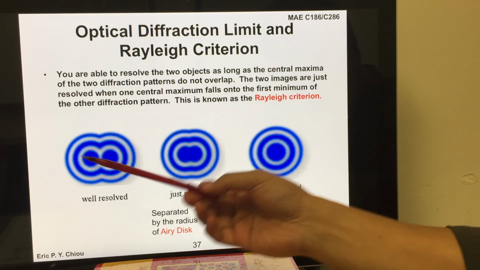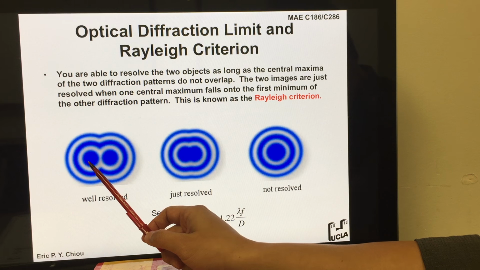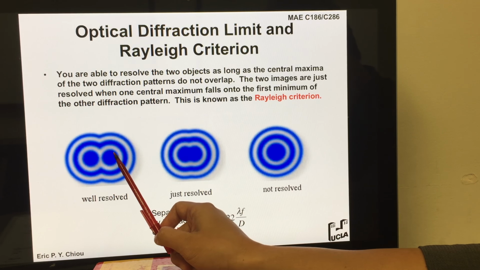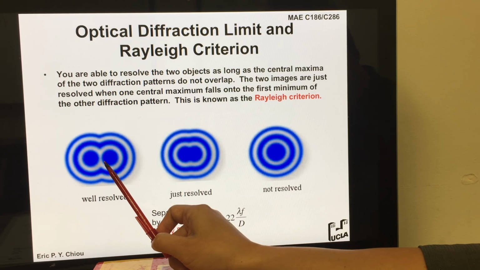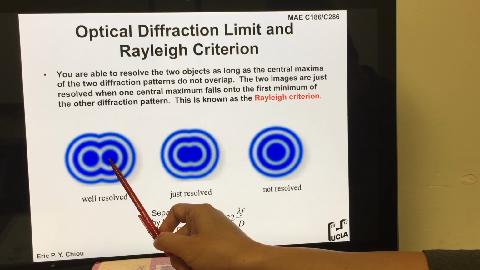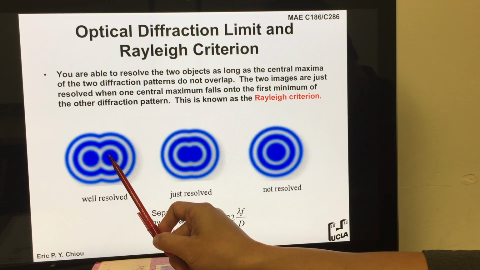Let's say you have two point sources, and each one forms an Airy disk. If the Airy disks formed by the two point sources are far enough apart, you can still detect the two peaks. When they get close enough and overlap a little bit, you still have the two-peak pattern, right?